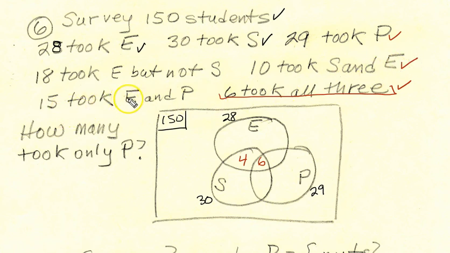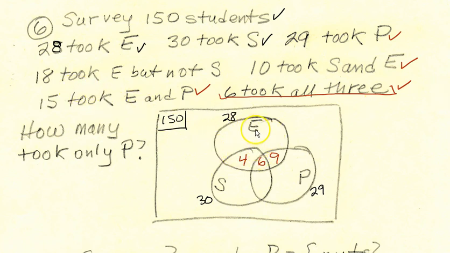15 took E and P. We already have 6, so that will leave 9 here. 18 took E, but not S. This is the tricky one.